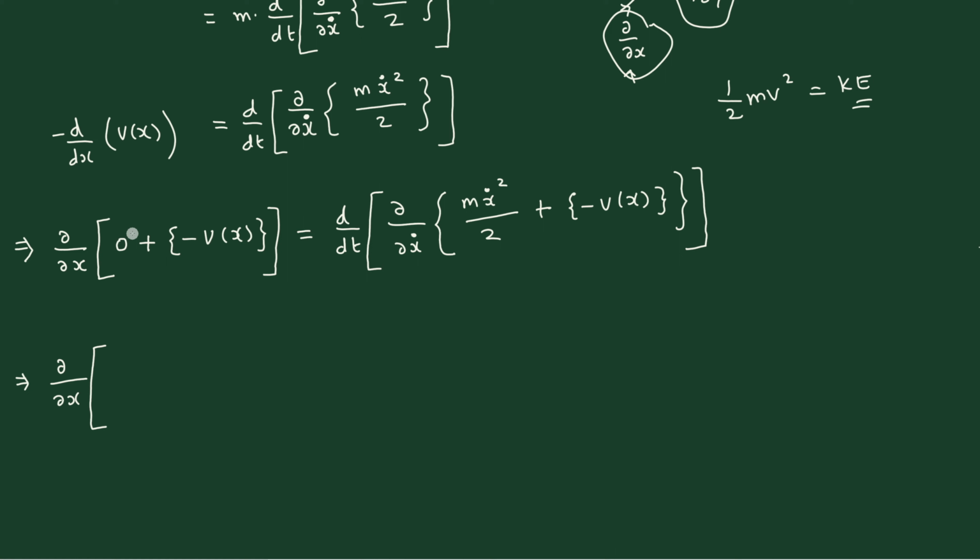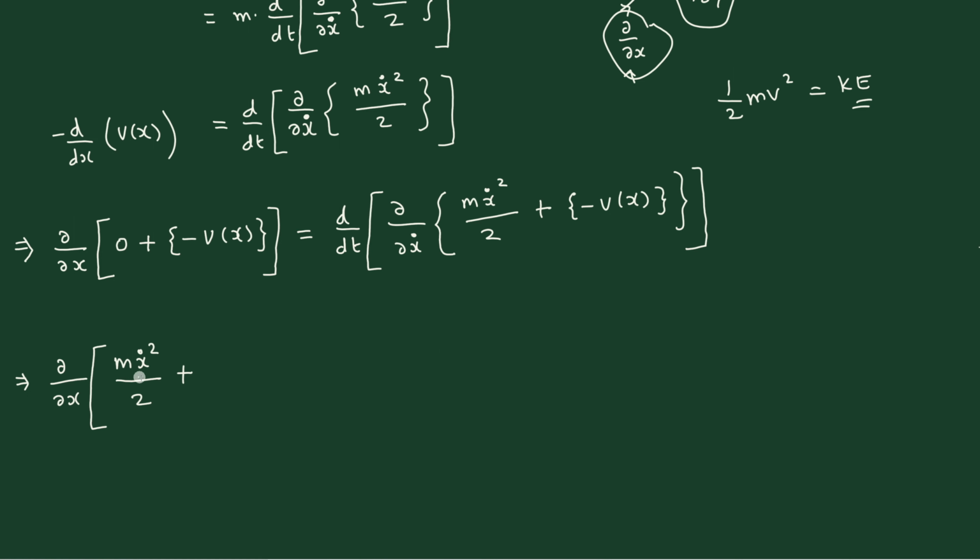0 is already there. Instead of 0, can I add the kinetic energy term, which is m into x dot square by 2? Can I cut the 0 and put this here? That is the question. 0 is not equal to this, but can you add m into x dot square by 2 in place of 0? So you have to think and tell. The answer is yes, you can do it, because the derivative is with respect to x.